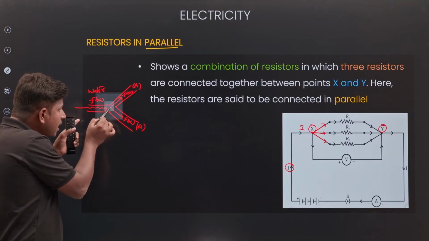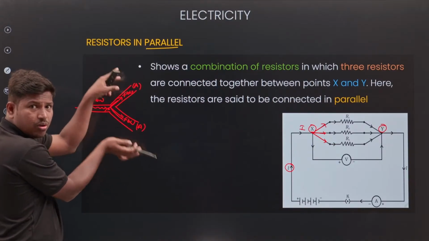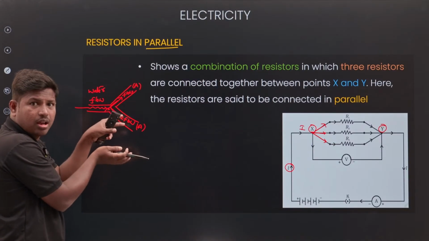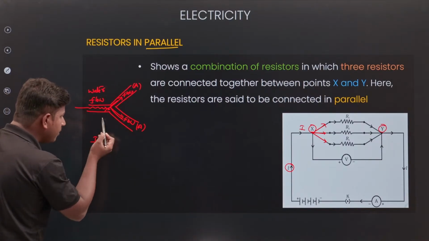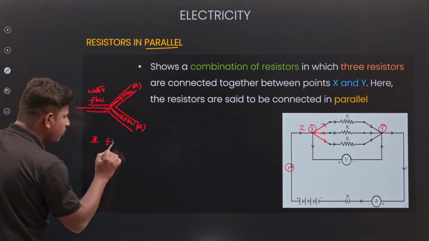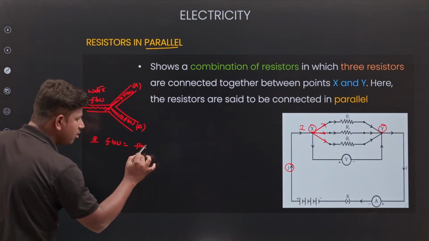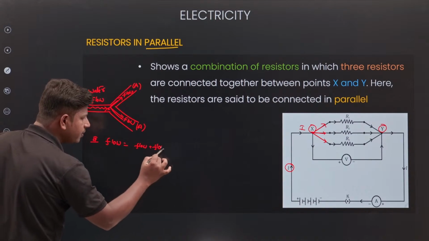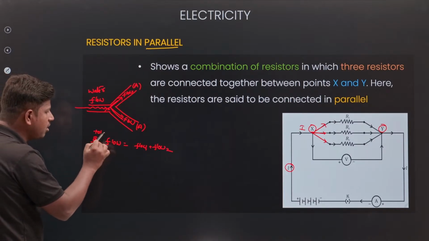Water is entering and at this point X it divides into 2. Similarly, total flow is equal to the flow of the first one plus the flow of the second one. Then you will get the total flow.